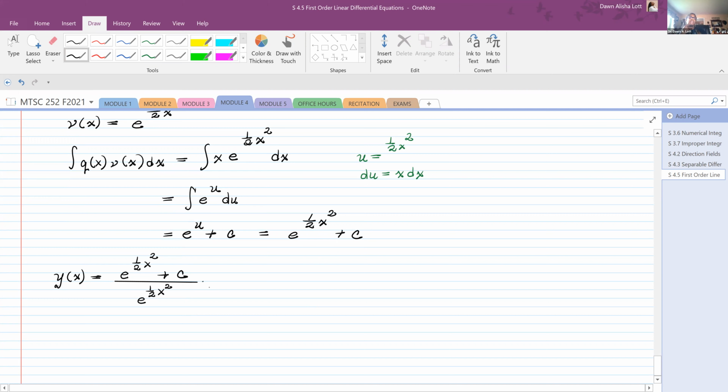So now I have to solve for my constant. This is actually 1 plus a constant times e to the negative 1/2 x squared. That's what the solution really is. Okay, so there's y of x.